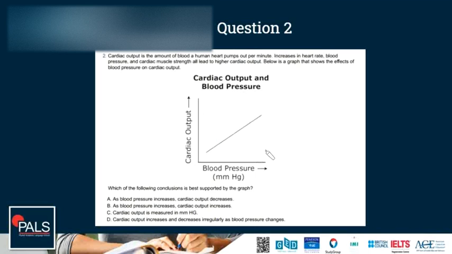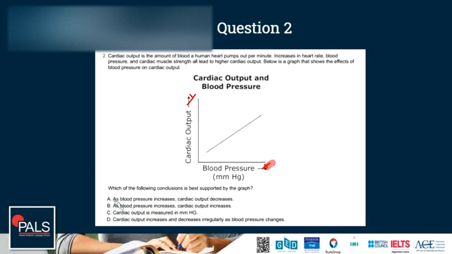So in general, on graphs, whatever is on the x-axis will affect what happens on the y-axis. So x affects y, or changes in x will cause changes in y. So an increase in blood pressure will cause the cardiac output to go up.